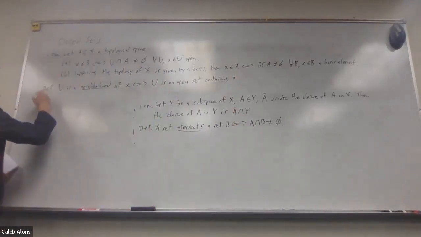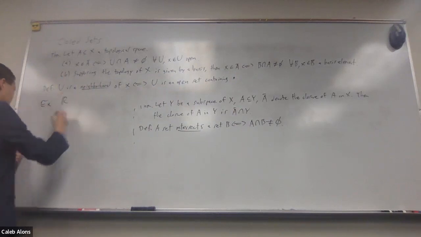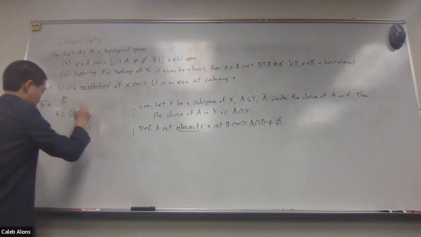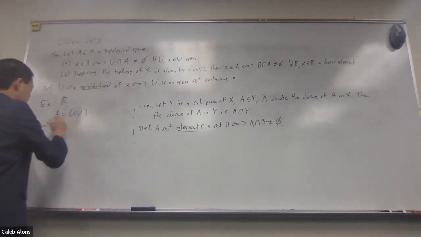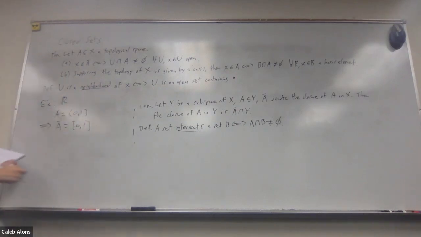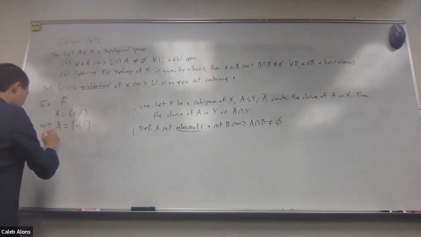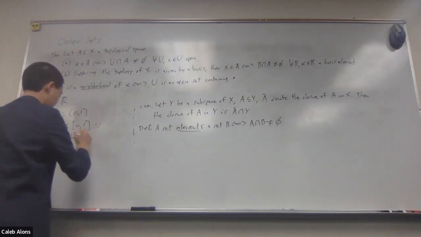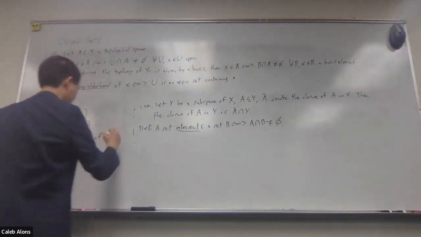And so, for example, if I took R, and then if I took the subset (0, 1), that lets me know that the closure is going to be the closed interval [0, 1], because every neighborhood of 0 intersects A.